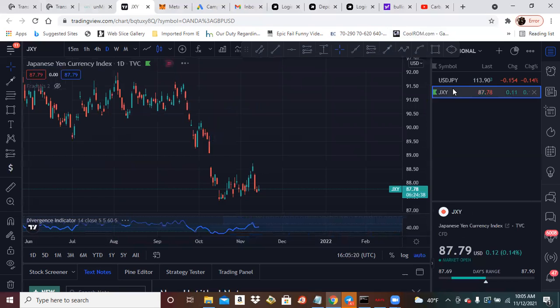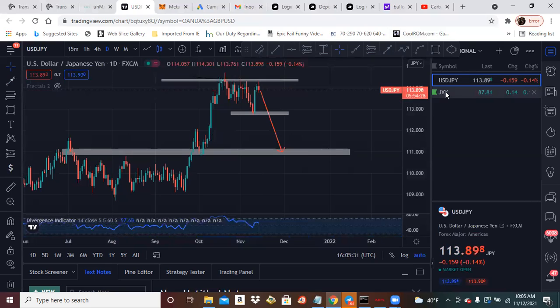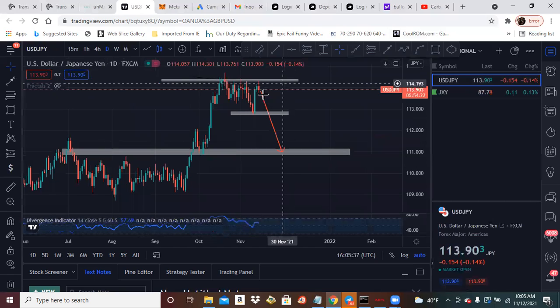I'm going to say it again: if the JXY comes and retests this 1920, UJ is going to come and retest 110.87. Look at it.